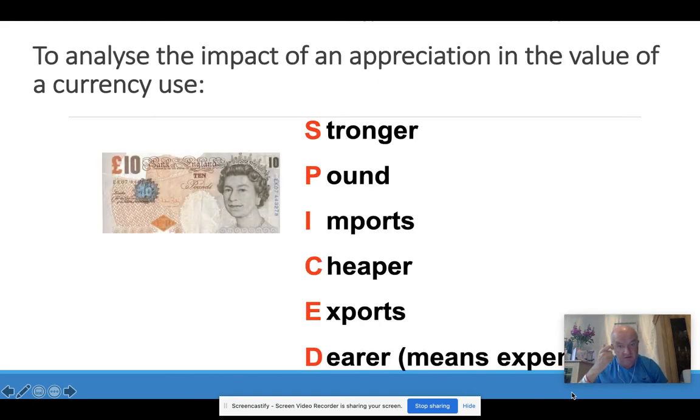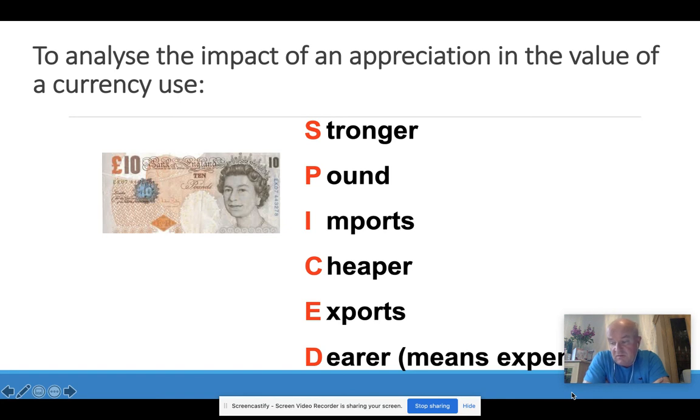Last couple of things I'd just like to look at, and then we'll stop. First things first, and it's something that we have looked at before, but it's a really good checkpoint whenever you're trying to assess what impact a change in the value of a currency might have. The first one that some would be familiar with is this SPICed principle.